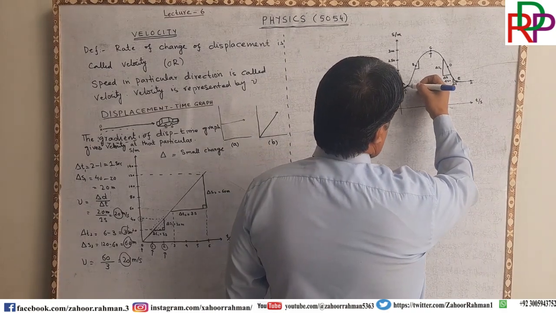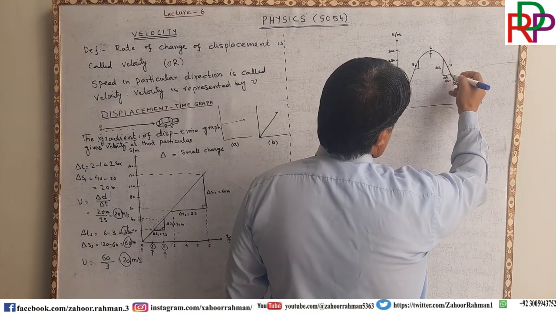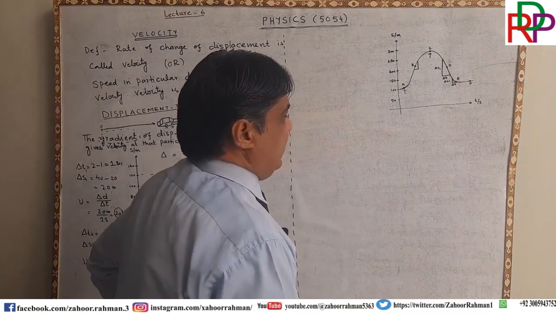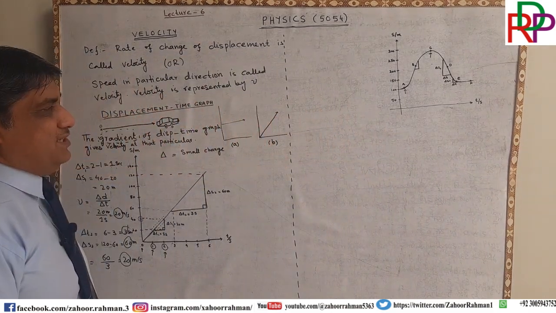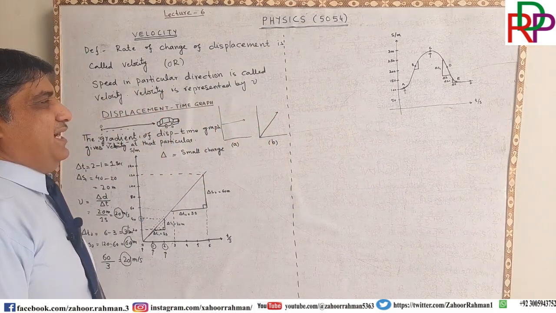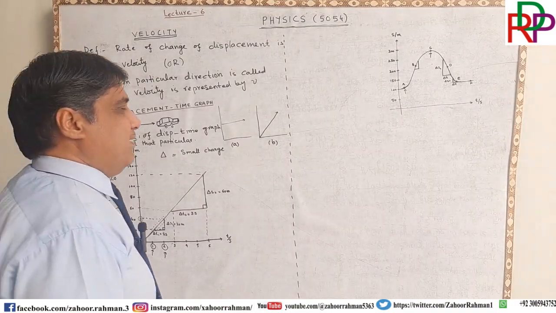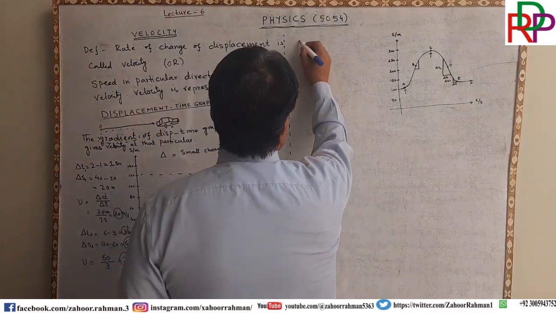So here we are observing different values of the velocity. At A and C, the body is stationary.